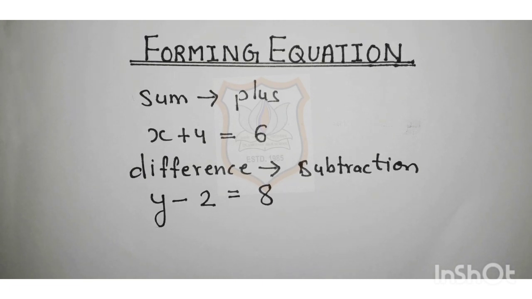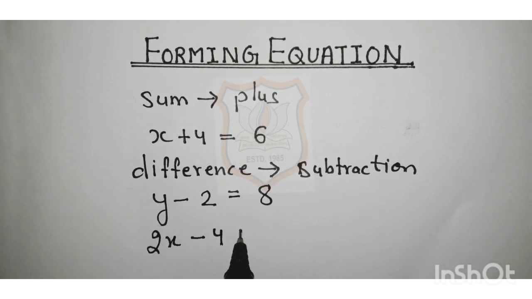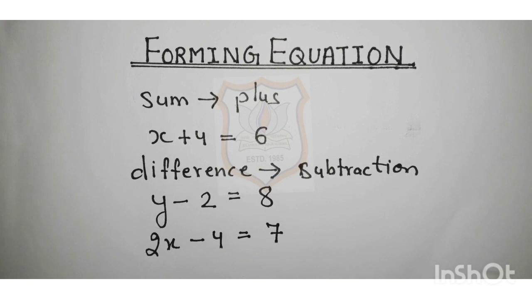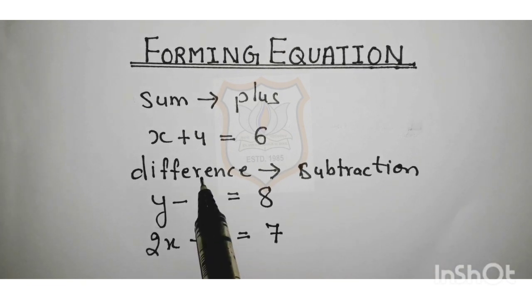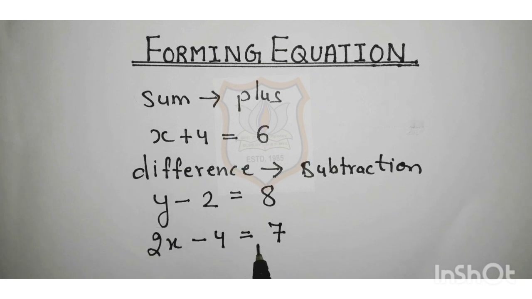Another example is, if it is given that the difference between 2x and 4 is 7, then we will write 2x minus 4 is equal to 7. This means difference, that is subtraction.